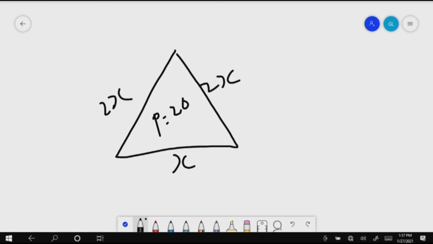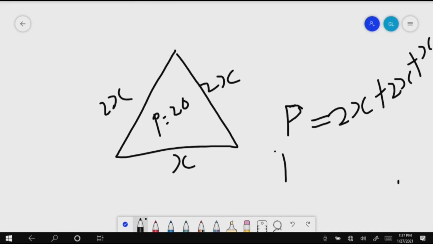Now, in reality, for us to find the distance around a shape or an object, to give us the perimeter, we need to sum them up. So in summing the sides of this triangle, the perimeter would be equal to 2x plus 2x plus x. So the perimeter of this triangle is 5x.